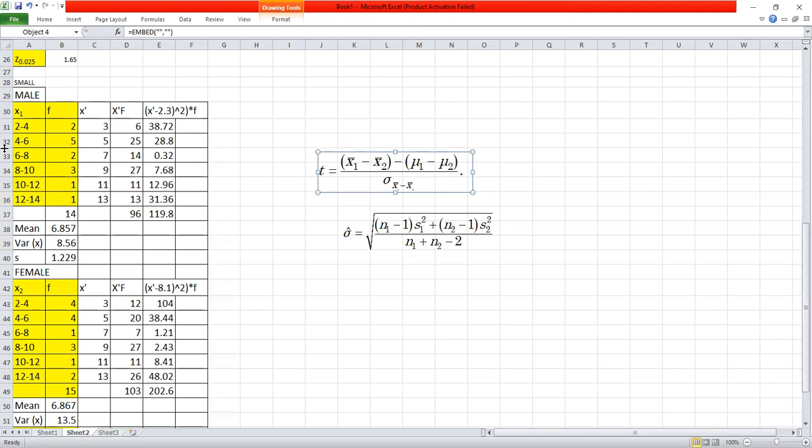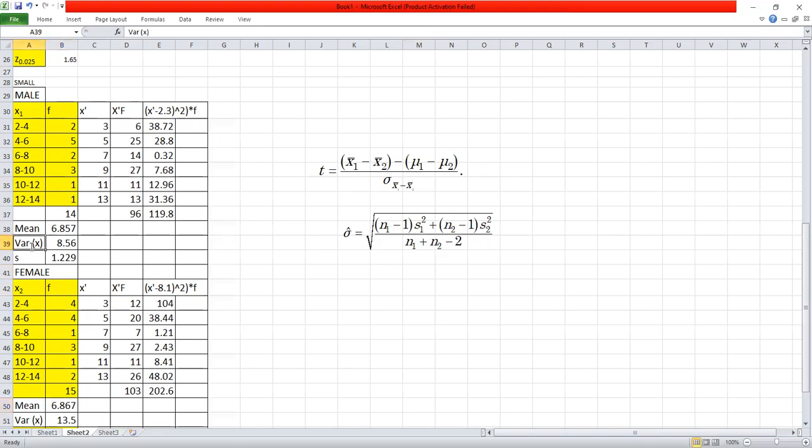So here we have gotten our x bar 1. X bar 1 is here, 6.658. X bar 2 is here. That's x bar 2. Mu1 minus mu2 is 0. And we know what is S1 squared.